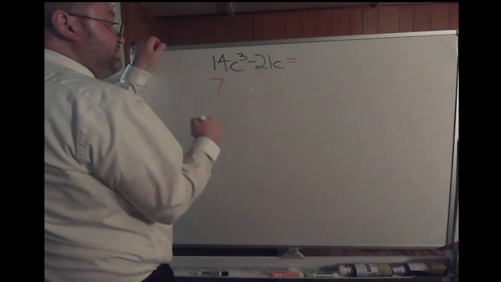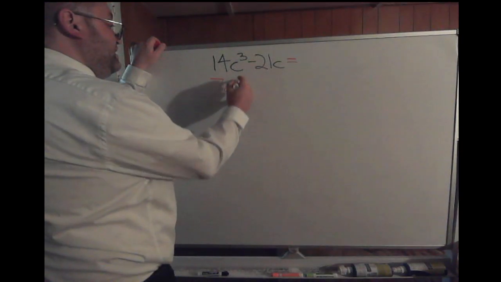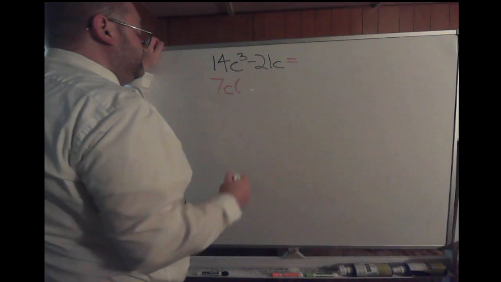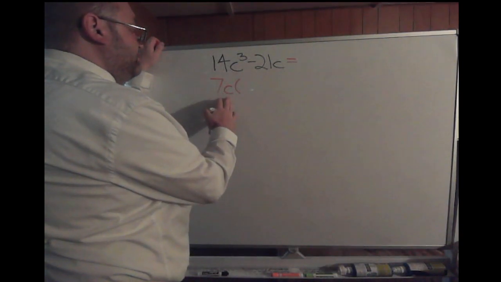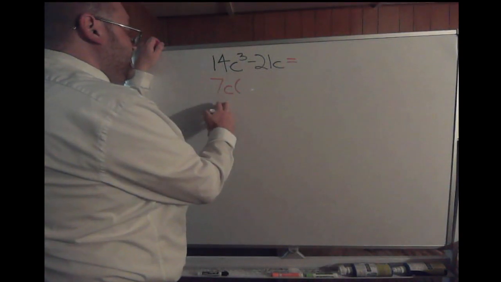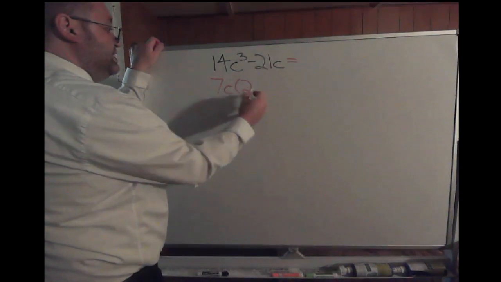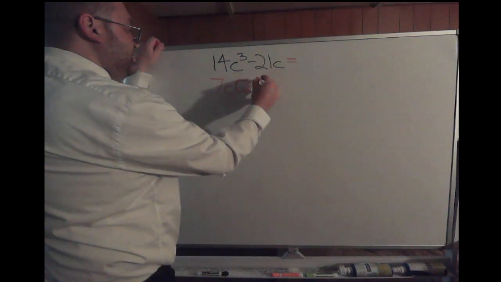Do they have any variables in common? They have a c in common. So 7c would be the common factor for both. Now, 7 times what equals 14? That'd be 2. C times what equals c to the third? That'd be c to the second.